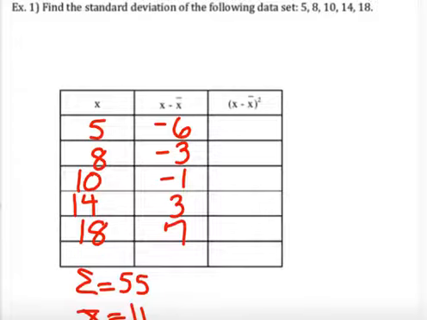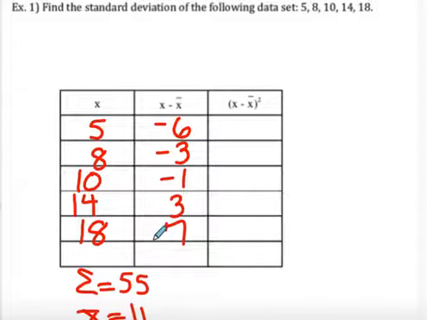Okay, so something really cool. This is not one of the steps in standard deviation. I want you to add up that center column. This is a checkpoint. This is a 5-step process, and you want to make sure that you haven't made a mistake. So add up all of these numbers here in the center: negative 6, negative 3, negative 1, 3, and 7.